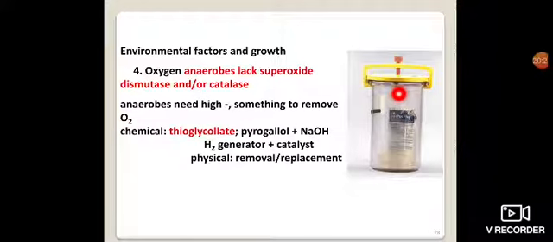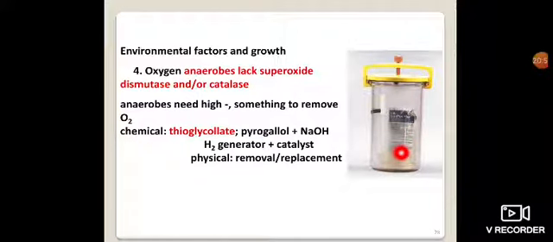If it changes color to blue, it shows exposure to oxygen. If it does not turn blue, it means a proper environment is created, that is, absence of oxygen. So this whole situation is created by this environment.